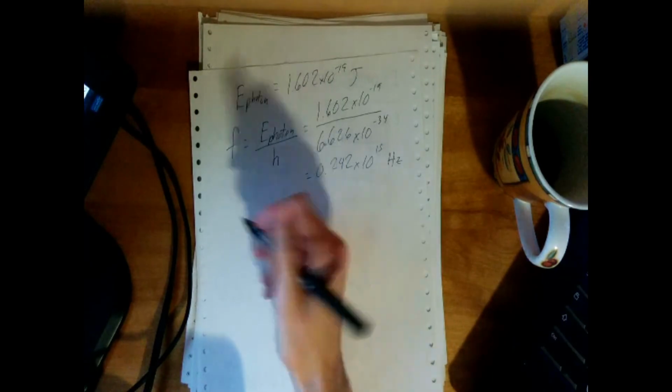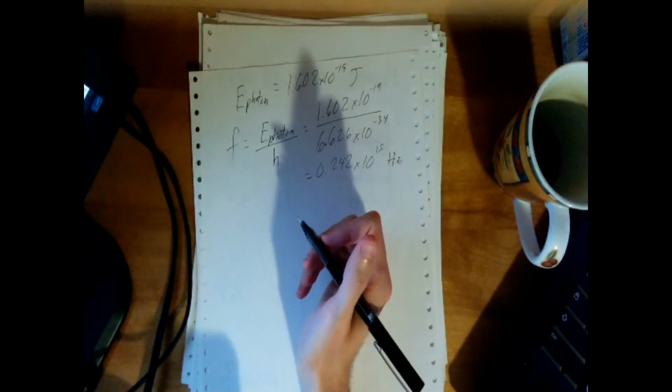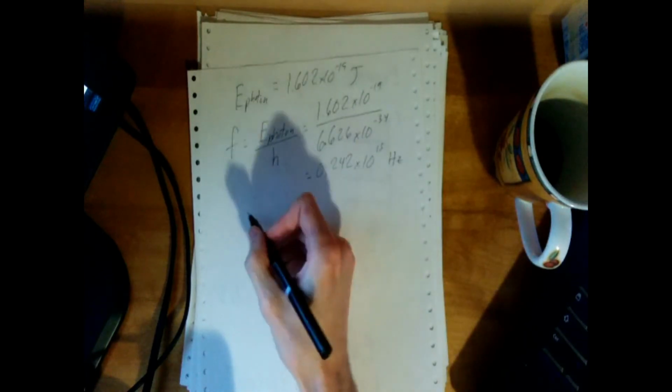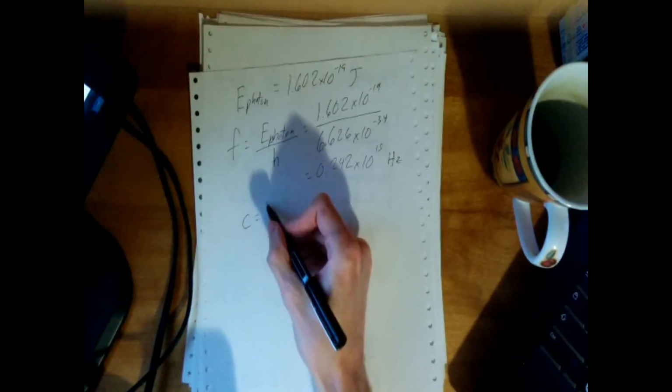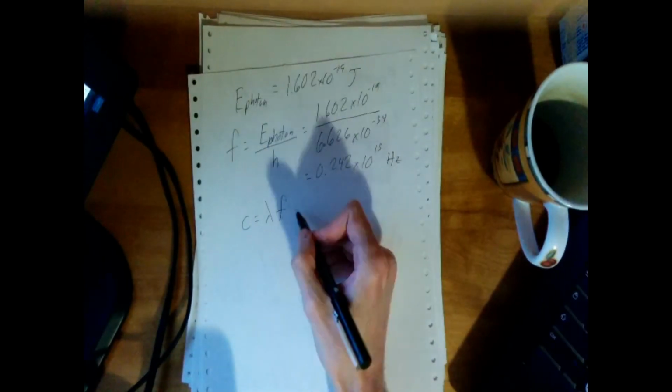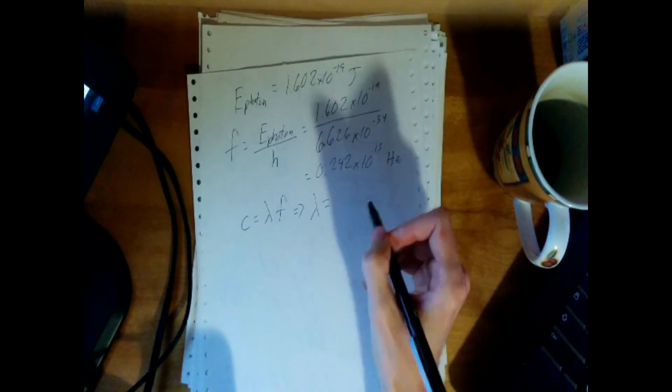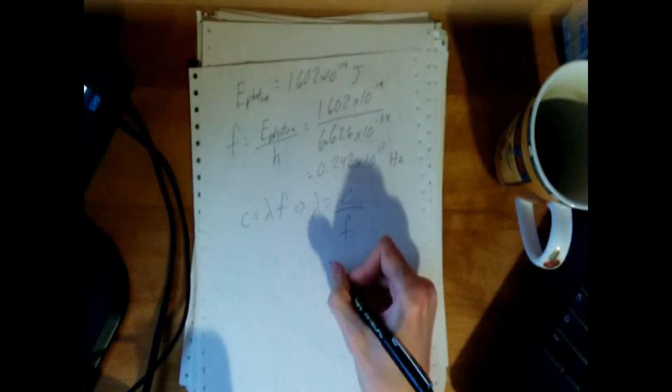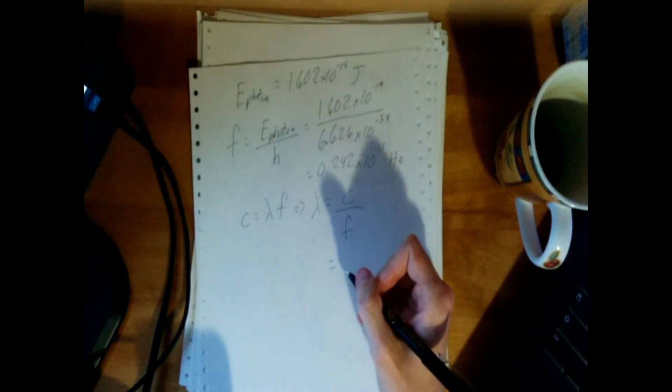Since I had 1/seconds, we have the frequency, and for the wavelength, the wavelength is linked to the frequency through the speed of the wave. Here, the speed of light. So we have c is equal to lambda f, and thus the wavelength is equal to c over the frequency. c being the speed of light in vacuum.